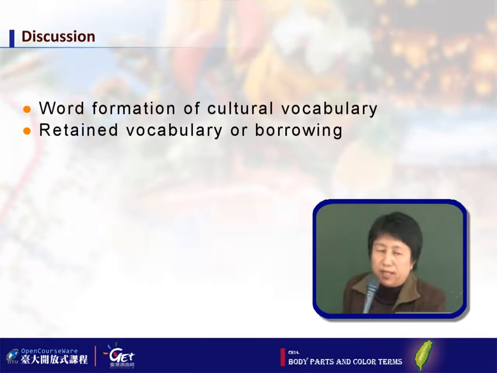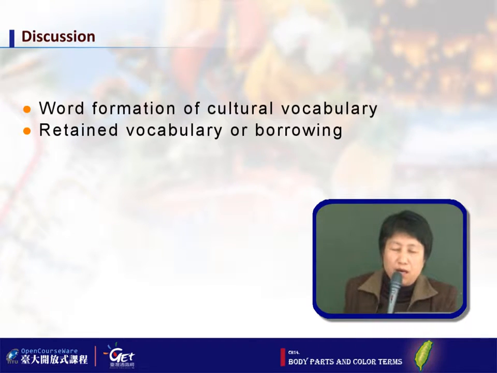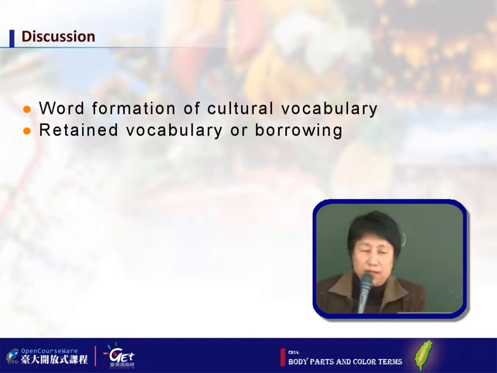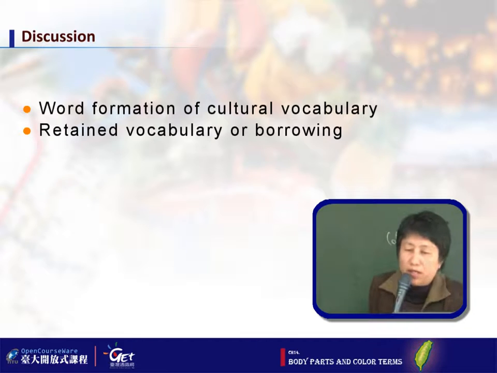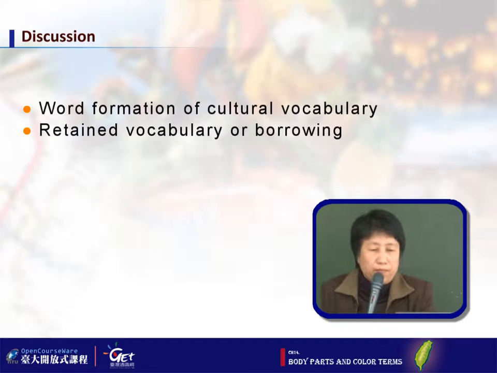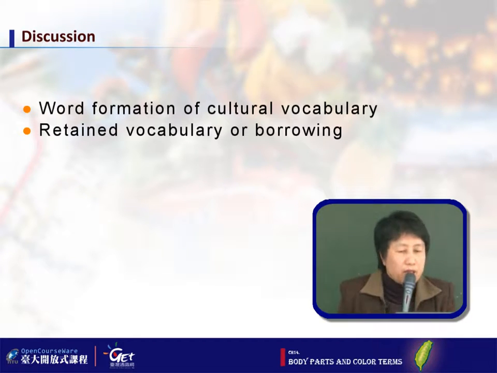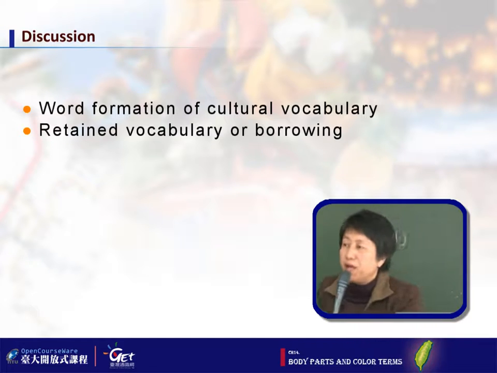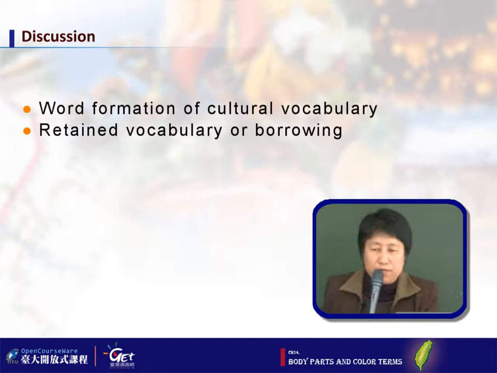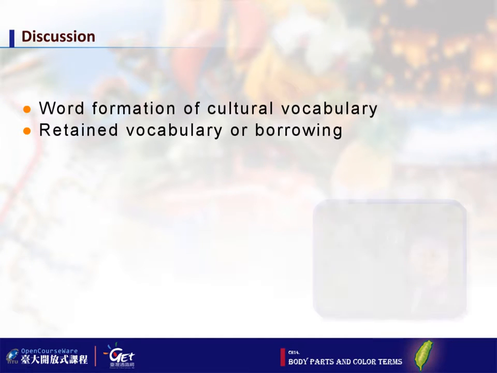And then also we find that all this, what I call cultural vocabulary, has a very interesting word formation pattern in Formosan languages. And that's something we can discuss in terms of whether this vocabulary is actually retained from the proto-language, from ancient times, or whether it's borrowed terms.